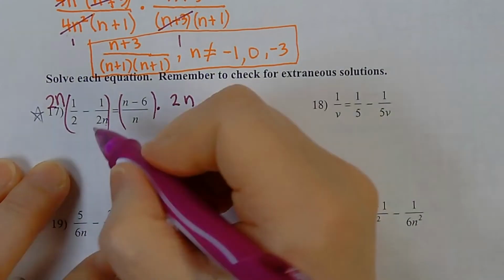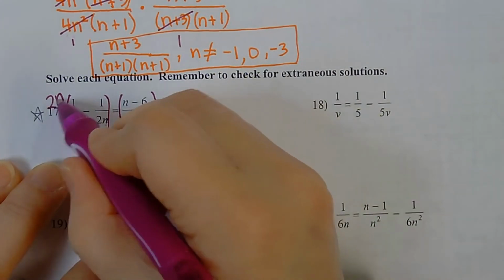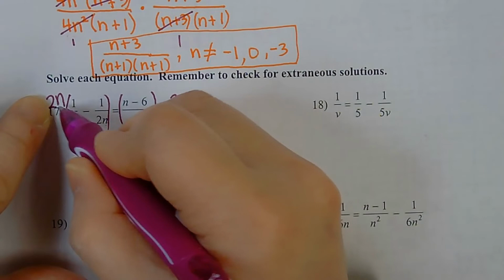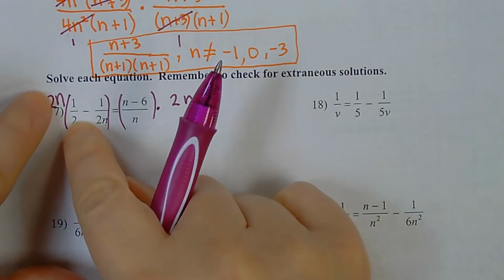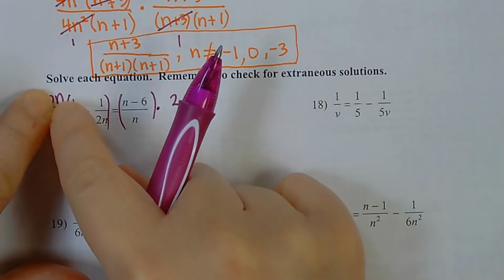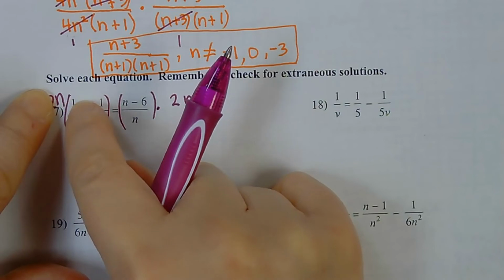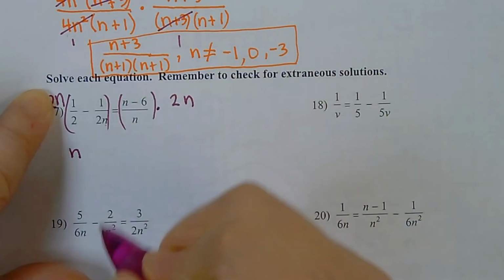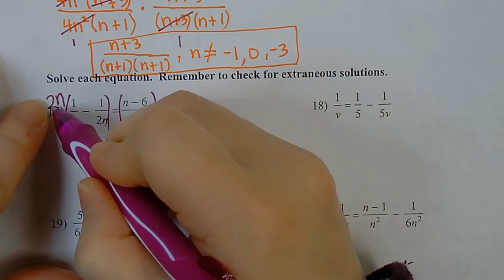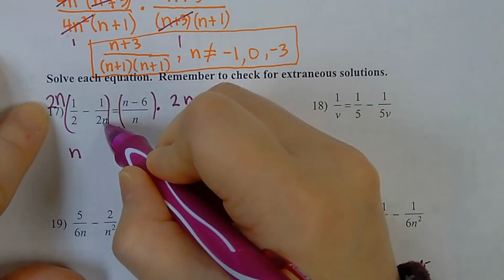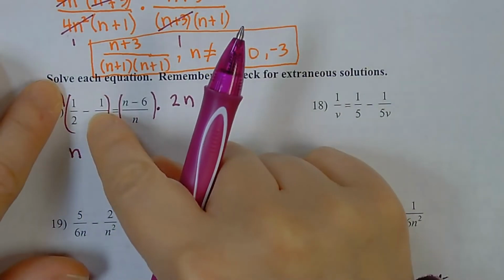All right. So if I distribute this, I know my 2's are going to cancel out for this fraction, right? Because 2 divided by 2 is 1. And all I have left is n. So n times 1 is just n. All right? And then 2n divided by 2n just cancels out to be 1.